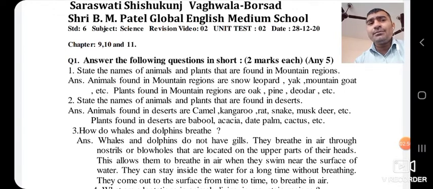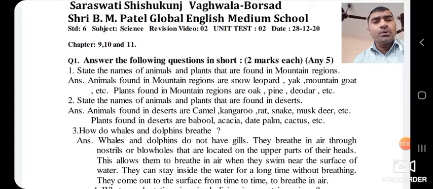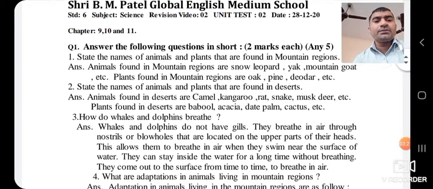Means whales and dolphins do not have gills, so they have blowholes, which are located on the upper part of the head. This allows them to breathe in air when they swim near the surface of water.